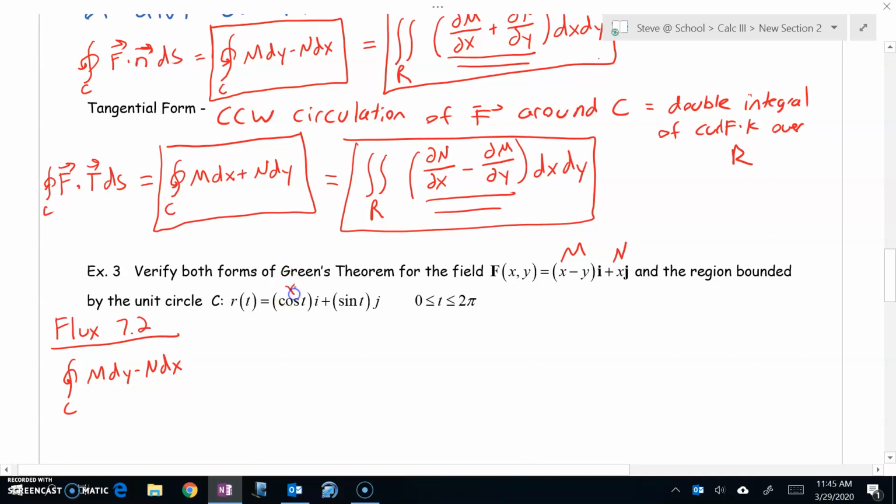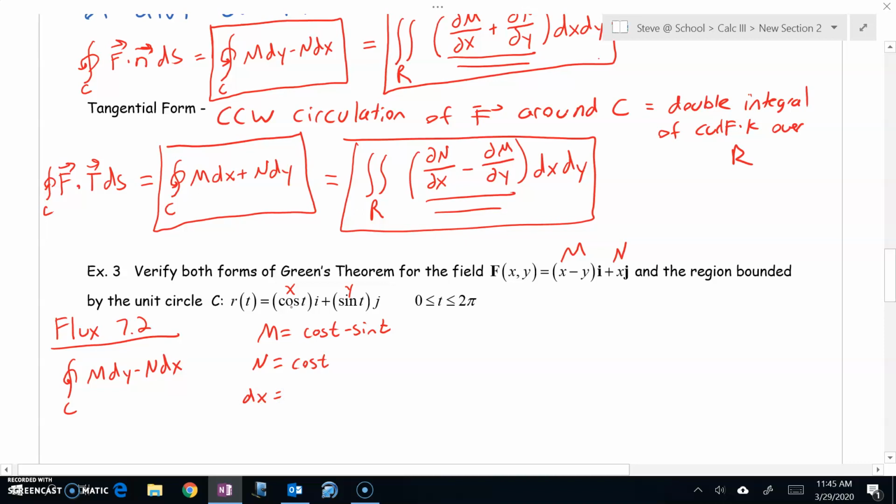This is going to be our x and our y. So, to do this flux equation, M has to be parametrized, so M is going to equal x minus y, so that's cosine of t minus sine of t. N is going to equal x, which is cosine of t.